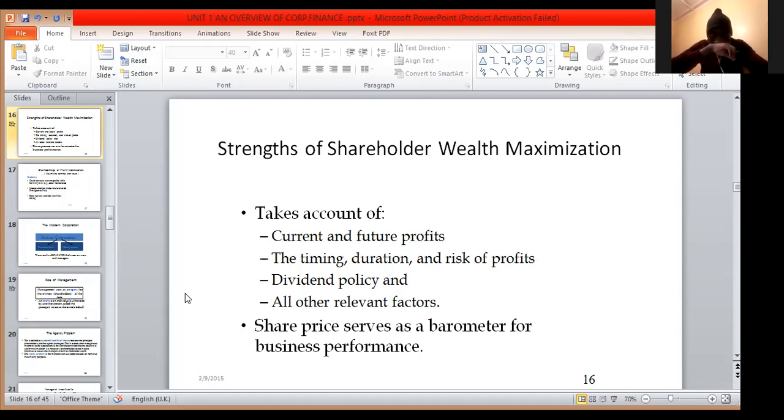So a share price is an indicator of business performance. That is the reason why shareholder wealth maximization is used so traditionally in terms of company performance. You are able to trace it easily. Okay.